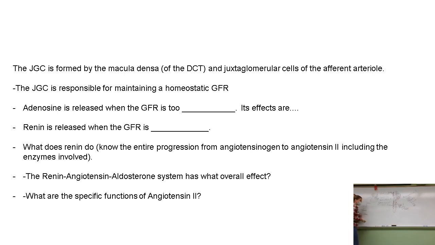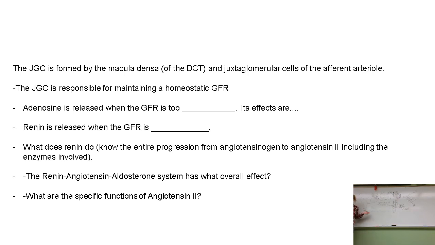Renin is an enzyme that's released from the juxtaglomerular complex when GFR is what? Too low. Okay, so renin is released when GFR is too low. This is what should happen, but for some reason when you have hypertension, the system goes out of control. So what would the overall point of renin be?